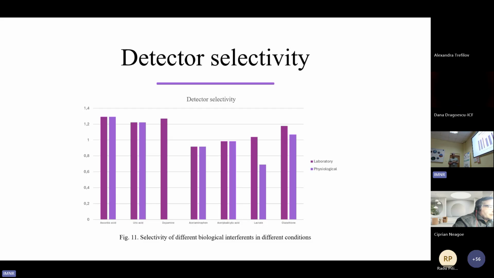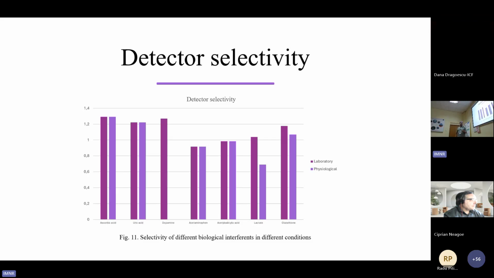The most important one is dopamine, which has a very low value for selectivity, which means that it is the main interferent that will give us problems in the future. This problem can be easily countered by using special functionalization of the surface. By altering the surface chemistry of the electrode, we can change the selectivity for dopamine.